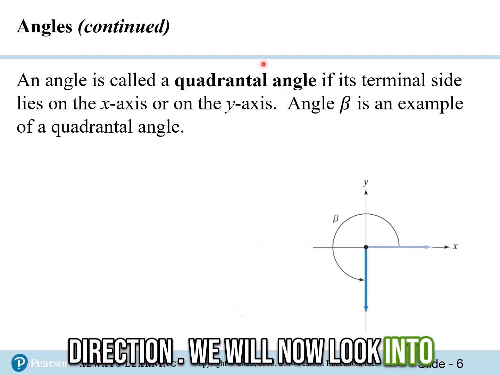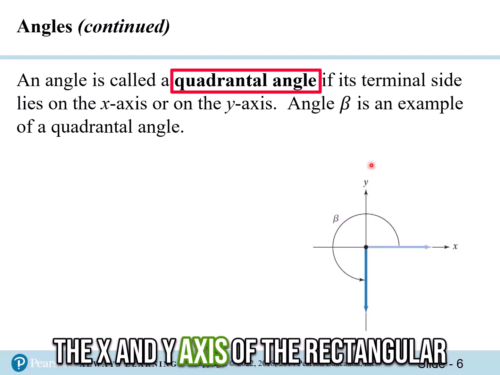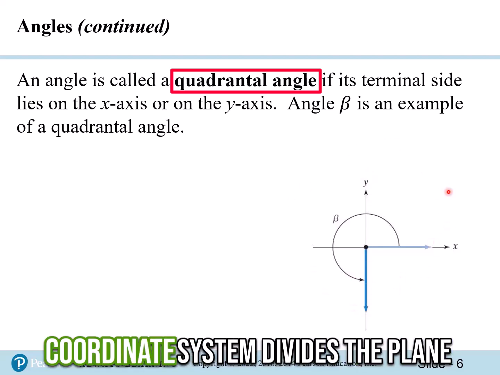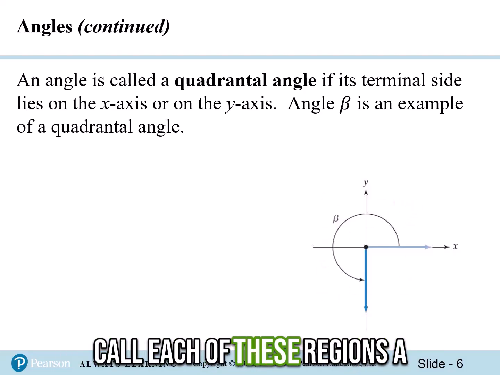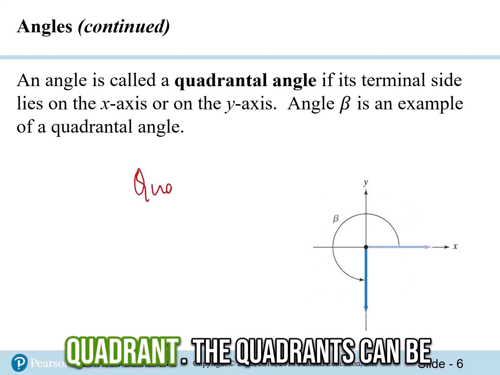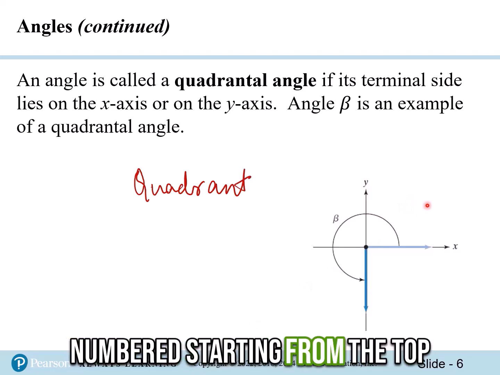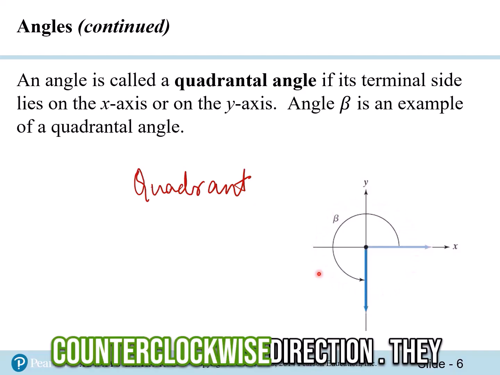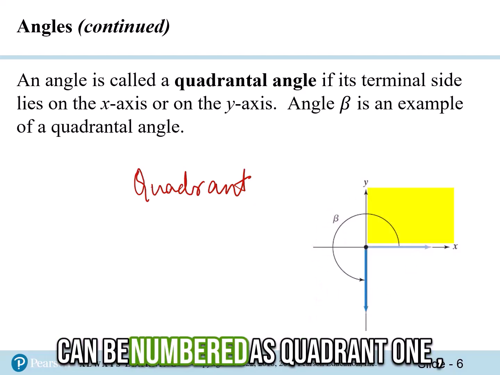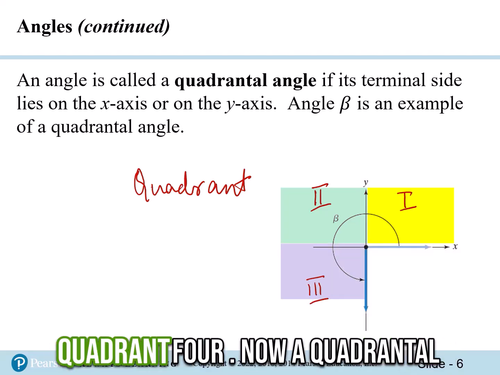We will now look into what a quadrantal angle is. Now, the x and y axis of the rectangular coordinate system divides the plane into 4 distinct regions, and we call each of these regions a quadrant. The quadrants can be numbered starting from the top right and moving in the counterclockwise direction. They can be numbered as quadrant 1, quadrant 2, quadrant 3, and quadrant 4.